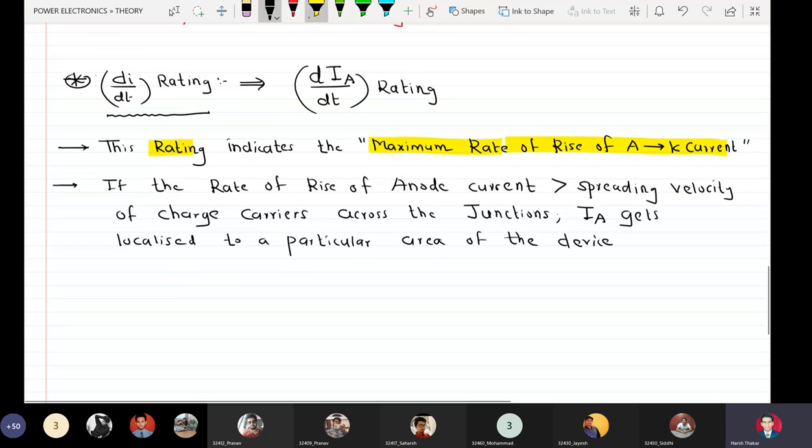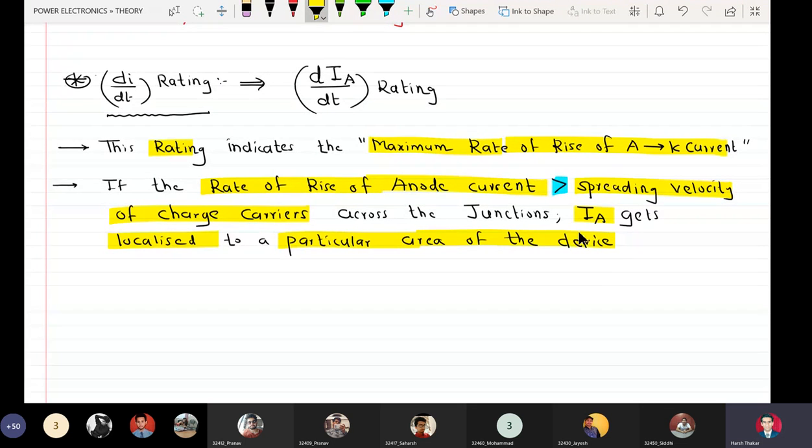So if the rate of rise of anode current is greater than the spreading velocity of charge carriers, then IA gets localized to a particular area of the device, leading to local hotspots.